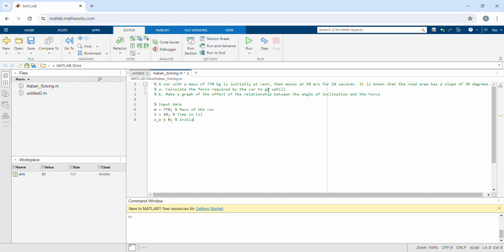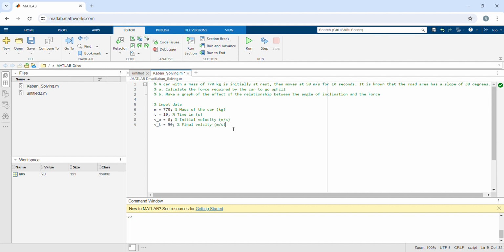I will write in the sign initial velocity, of course, in meter per second, and then the final velocity is 50, of course in meter per second. Don't forget to write the sign of the mass in kilogram.